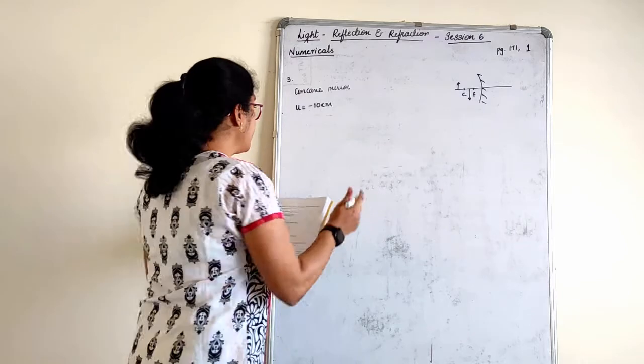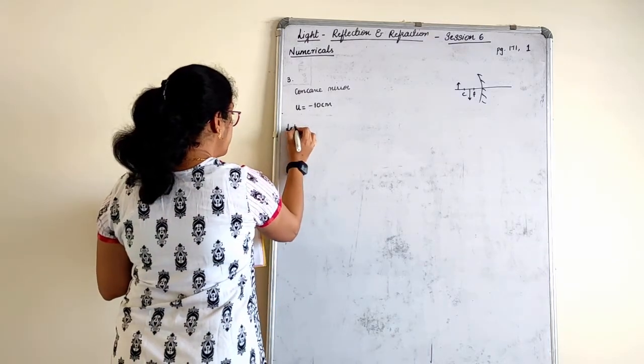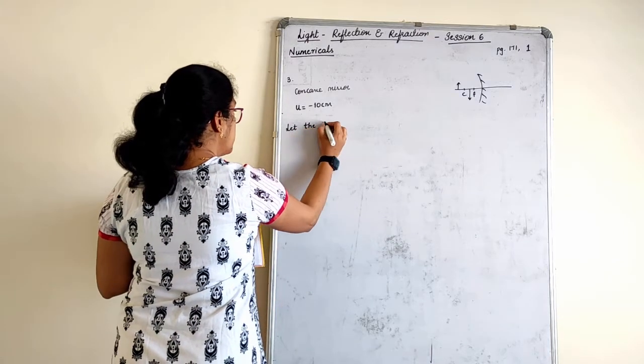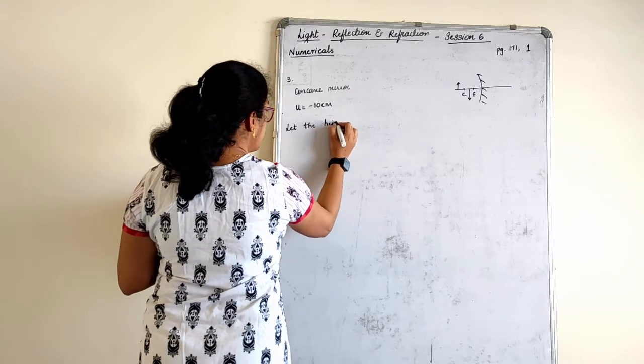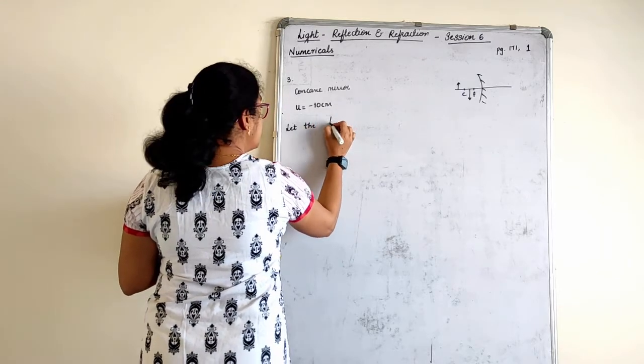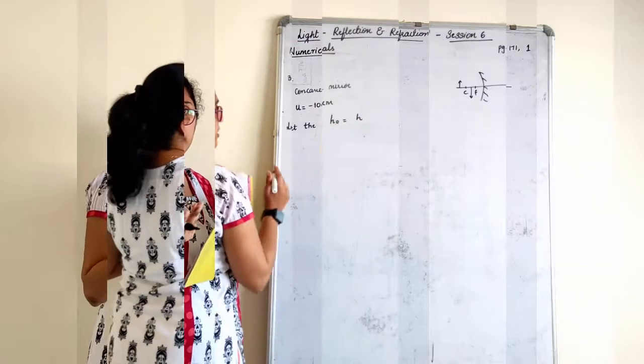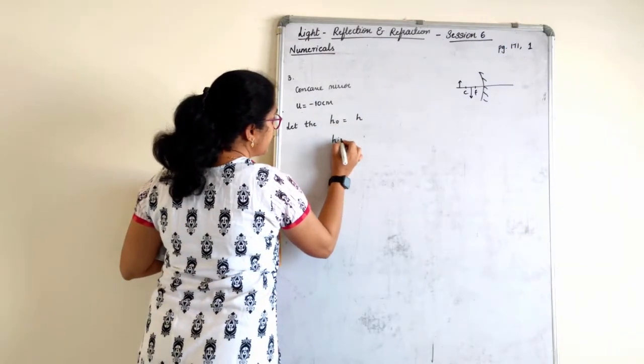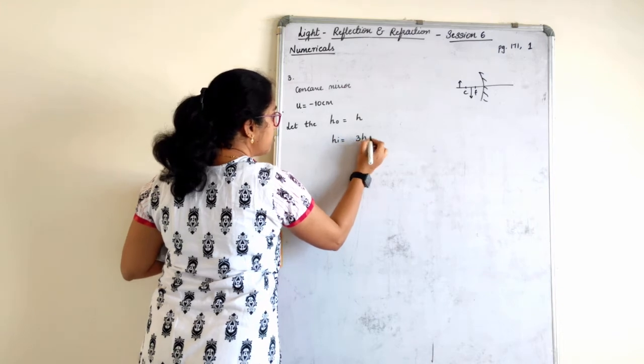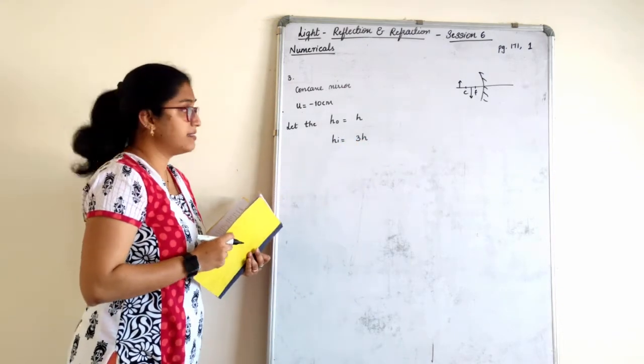So what we will write here is now, let the height of the object be h. Height of the object is h. Height of the image is 3 times the object size, right?